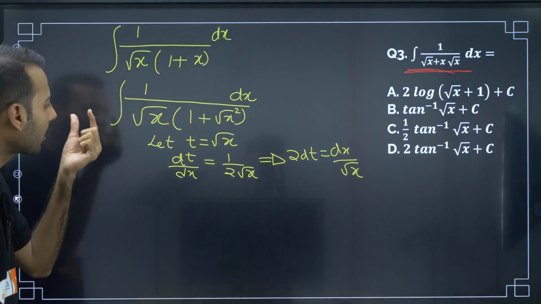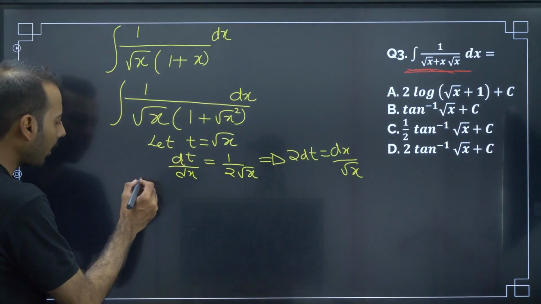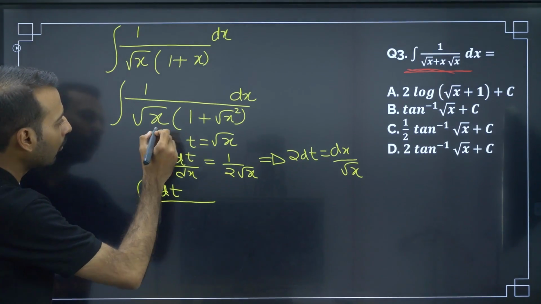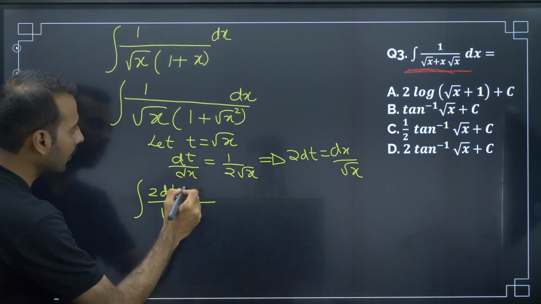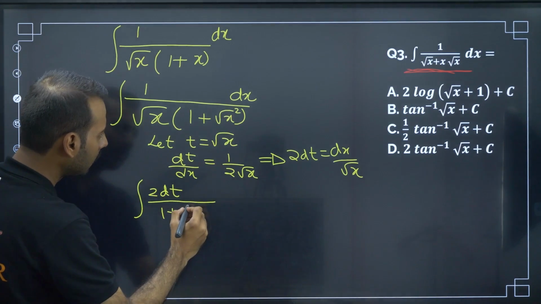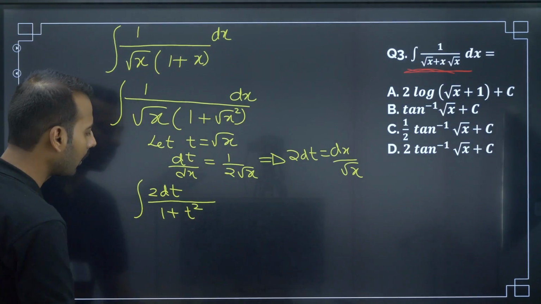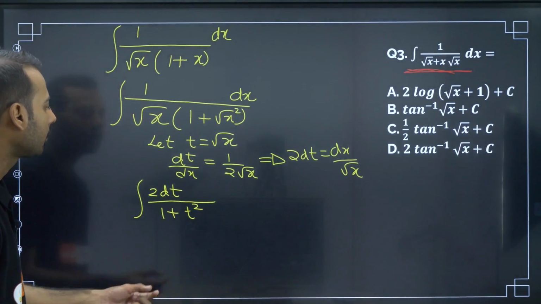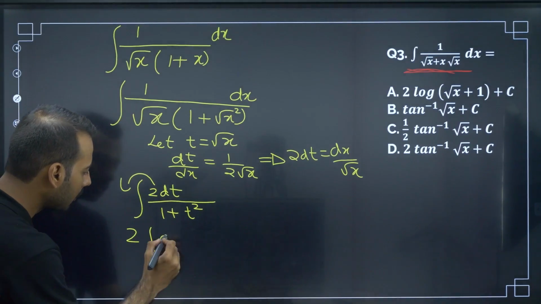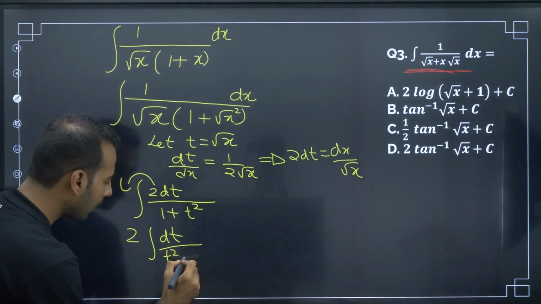So dx by root x is here, for that I will write 2 dt divided by 1 plus t square, 1 plus t square. Next, if I place this 2 outside, 2 integration of dt by t square plus 1.